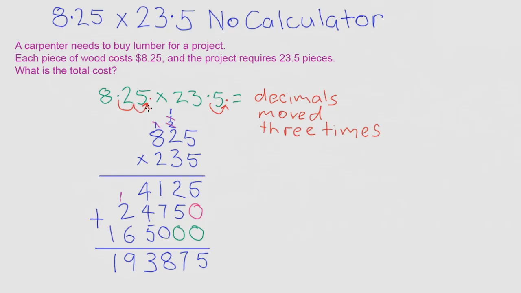So because we had to move them 3 times in total to the right to make whole numbers, imagine the decimal is all the way over here to the right, so we just move it the same amount of times back to the left. 1, 2, 3. So your answer is 193.875.